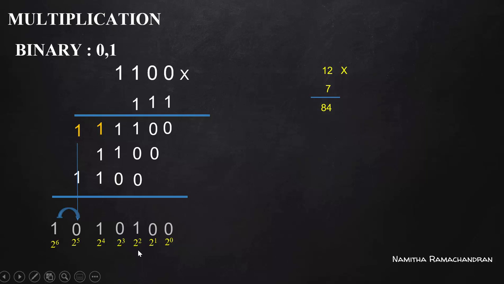This is 1 into 2 raised to 2, and here 1 into 2 raised to 4 and 1 into 2 raised to 6. So 2 raised to 6 plus 2 raised to 4 plus 2 raised to 2 is 64 plus 16 plus 4, that is 84, exactly equal to the decimal value 84. So the multiplication is correct.